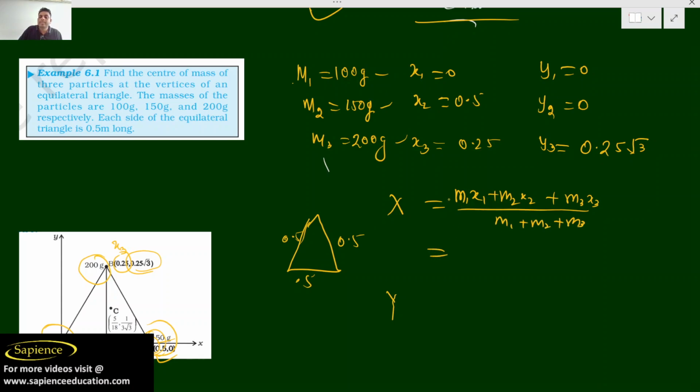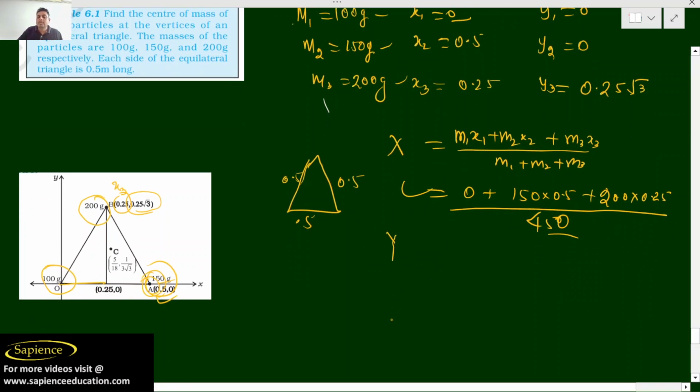Since m1 into x1 is 0, this will be 0, plus m2 into x2, 150 into 0.5, plus m3 into x3, which is 200 into 0.25, divided by the total mass. How much is that? 100 plus 150 plus 200 is 450. So you will get the answer for x.